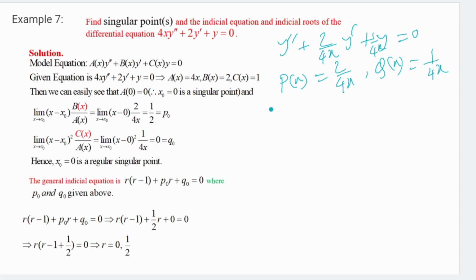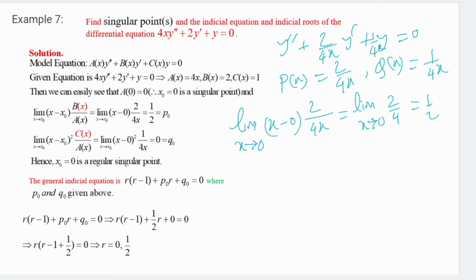But we have to make sure whether this singular point is regular or irregular. According to the definition, to check regular or irregular, we have to find the limit as x goes to 0, because 0 is the singular point here. That means x minus 0 times p(x), which is 2 by 4x; the x cancels. As x goes to 0, we get 2 by 4, which is a half.